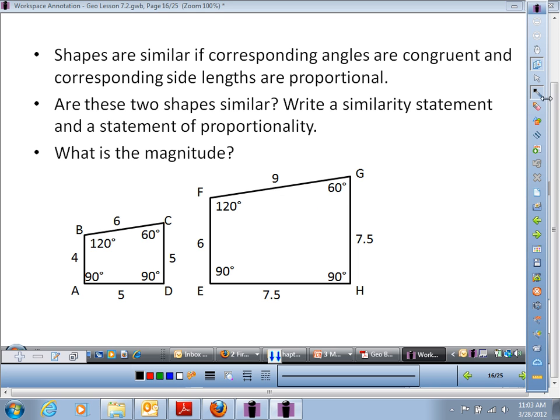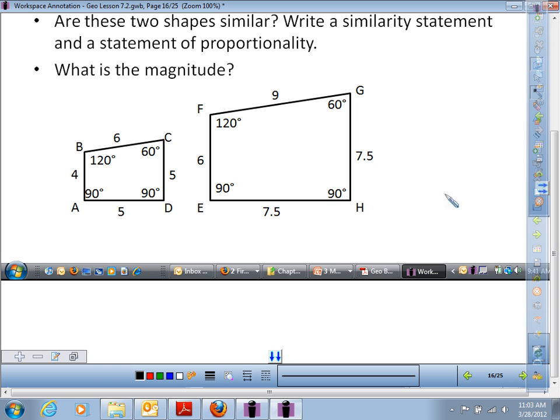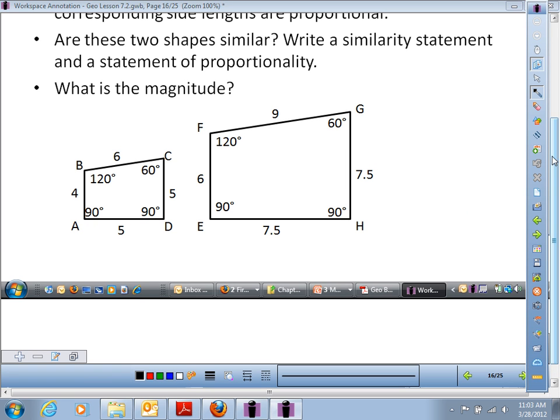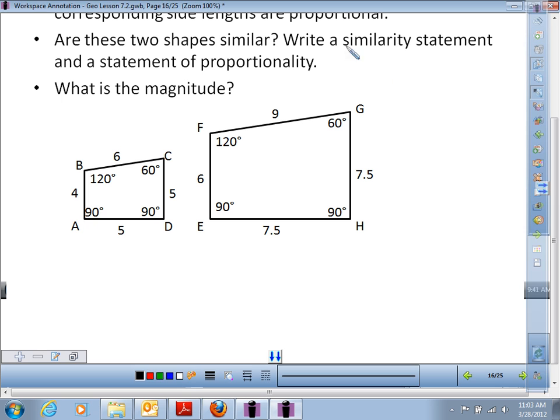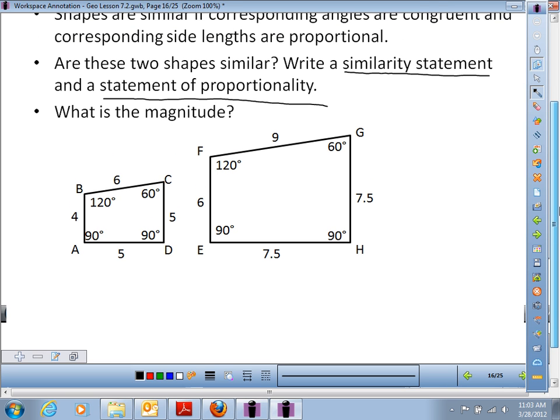We'll look at that more here in a second. Are these two shapes similar is what the first question asks. Hey, are these two right trapezoids similar? And then it says write a similarity statement, which we'll get to in a minute, and a statement of proportionality. We'll get to all that stuff here in a second.